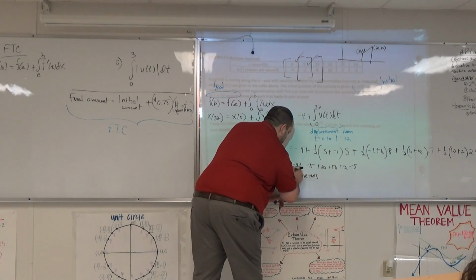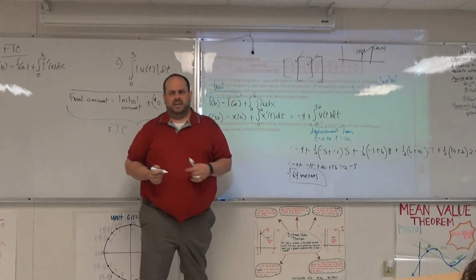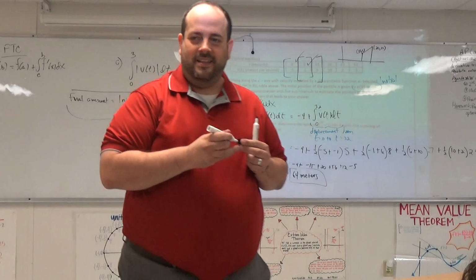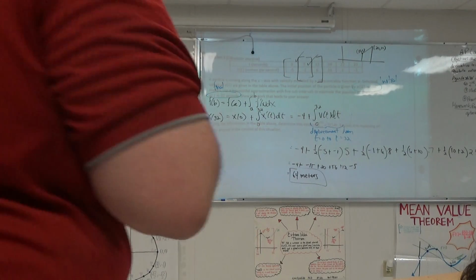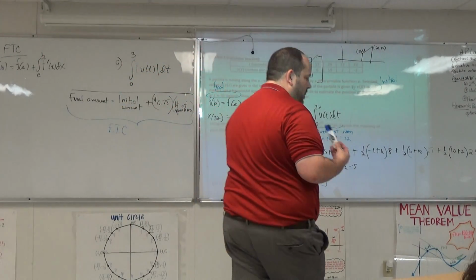Oh, 11 was close. Oh yeah, 11, at least it's a number. Yeah, close to 64. Where'd I get 56? When I did 1/2 of 6 plus 10 times 7?